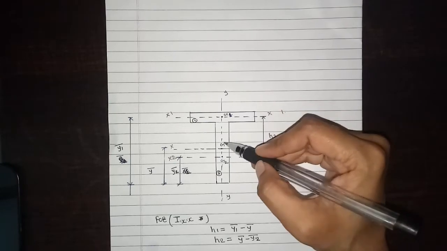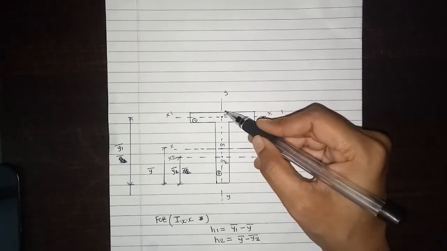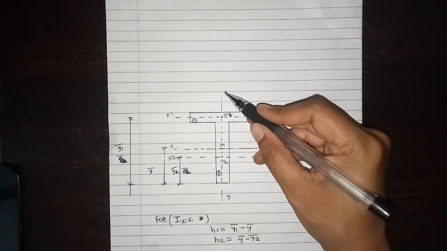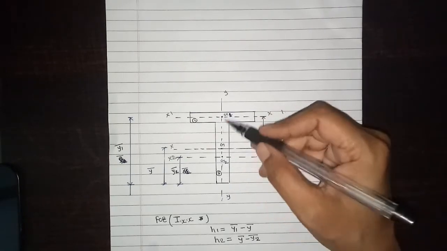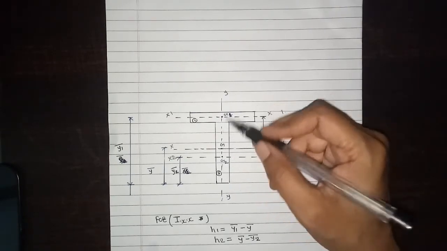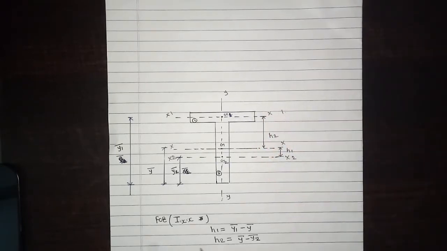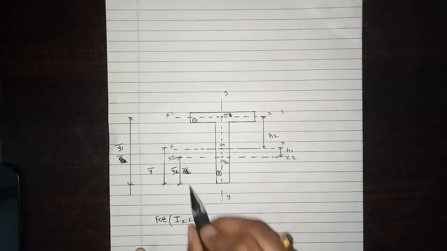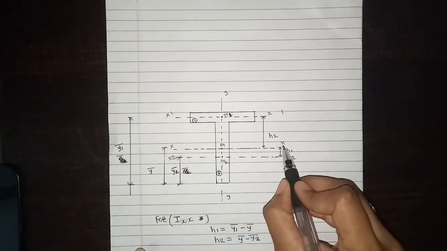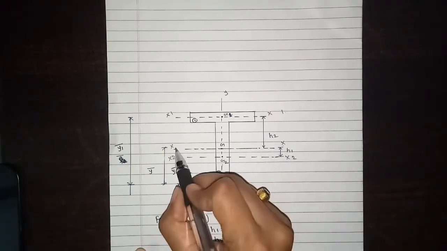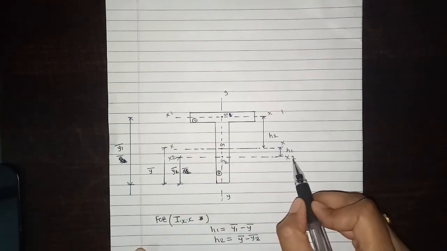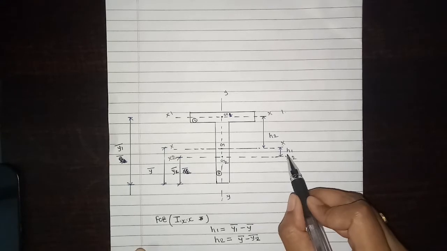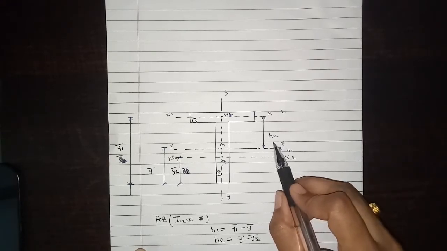G1, G2 and G, all centers of gravity, are passing through the y-axis. So H1 and H2 are 0 and x bar is 0. The centroidal axis xx is parallel to x1 and parallel to x2. So how to calculate H1 and H2?